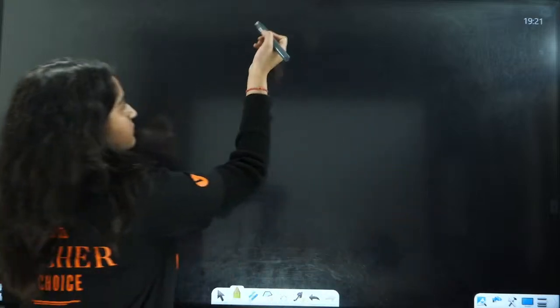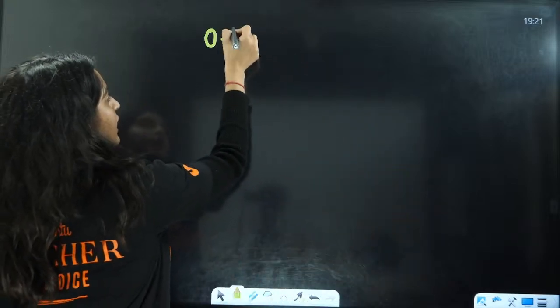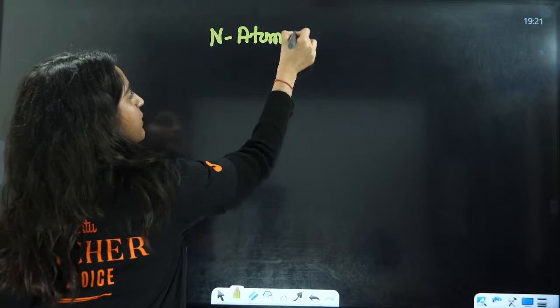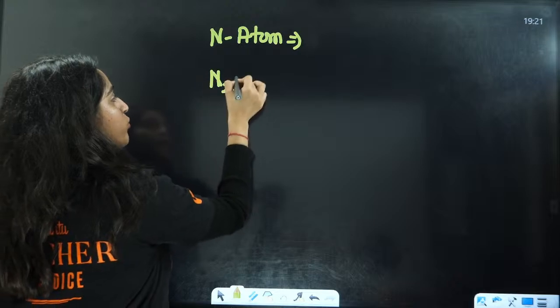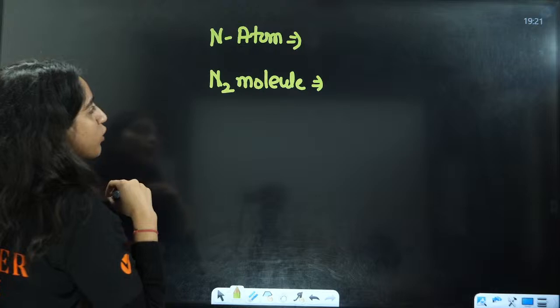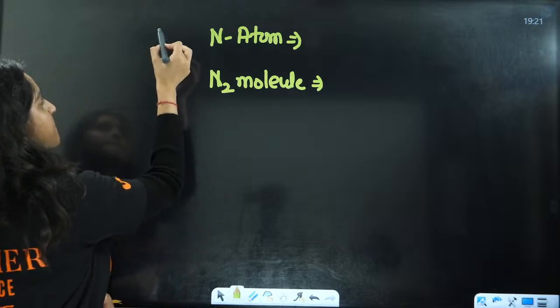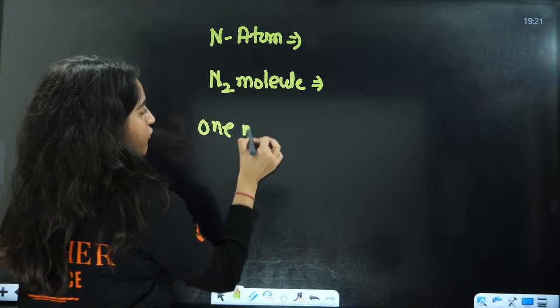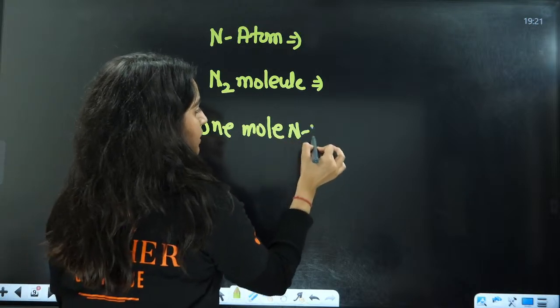For example, if I am talking about an oxygen atom, let us take a nitrogen atom. If I am talking about a nitrogen atom and I am talking about an N2 molecule, this is an N2 molecule. This is 1 mole of N atom.